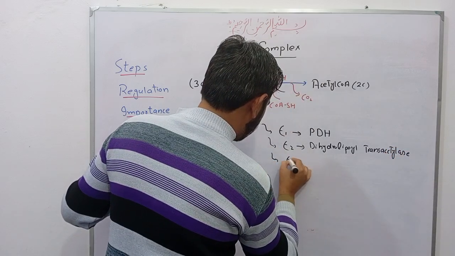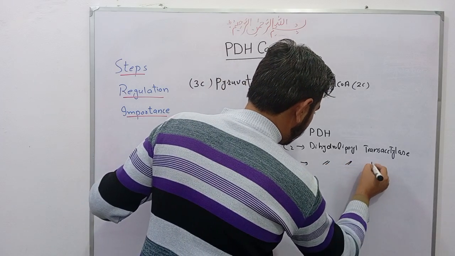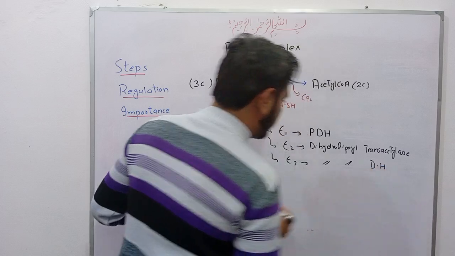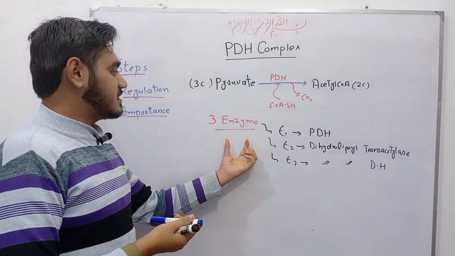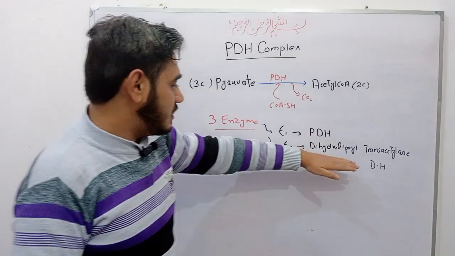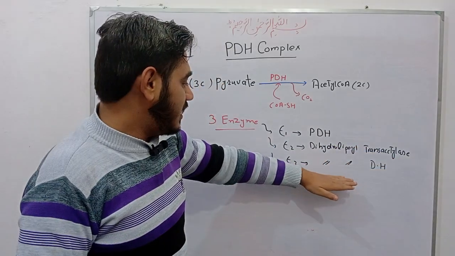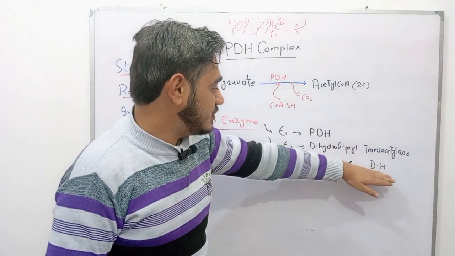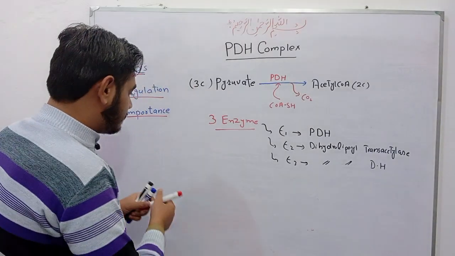And the third enzyme is dihydrolipoyl dehydrogenase. Students, these are the 3 enzymes: pyruvate dehydrogenase, dihydrolipoyl transacetylase, and dihydrolipoyl dehydrogenase. Okay. Now 5 coenzymes.